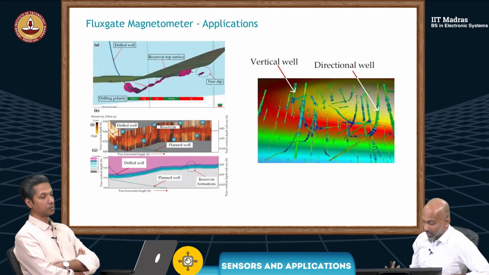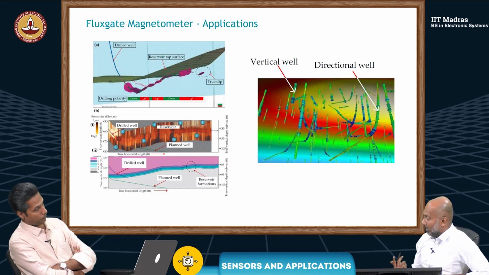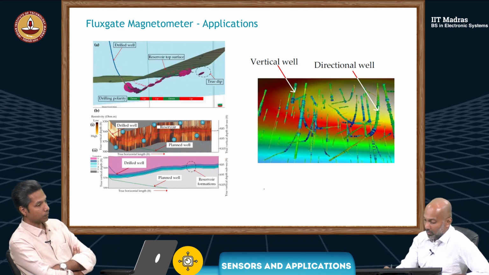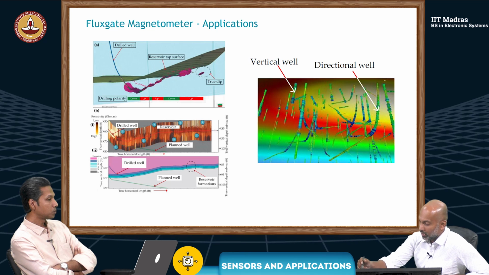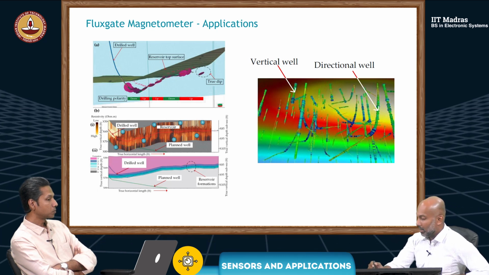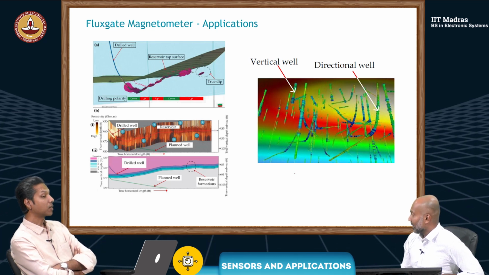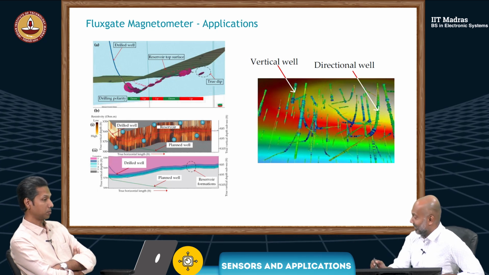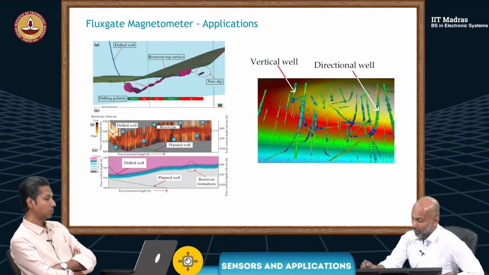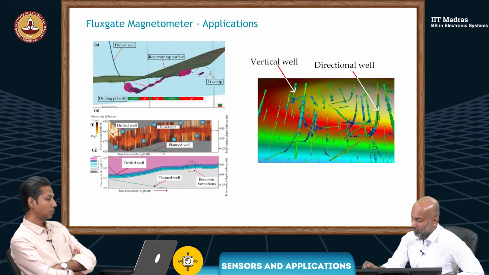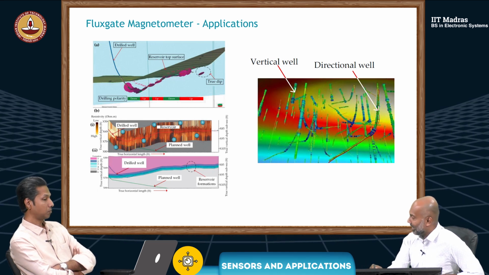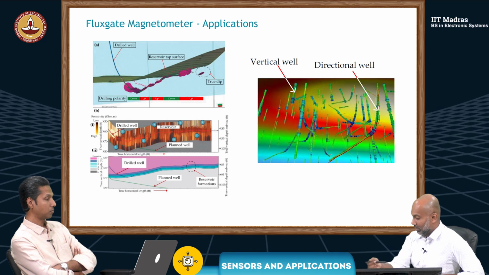Another reason is you might drill lots and lots of wells in one area. So you might come down, but instead of hitting a well, you might have to go in a certain direction. This is obviously in 3D.